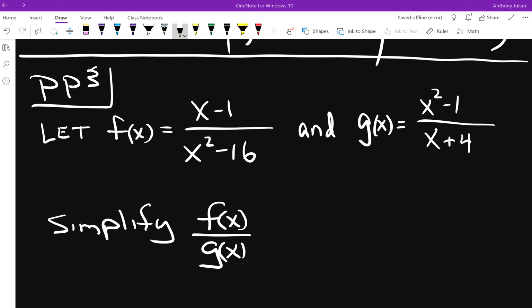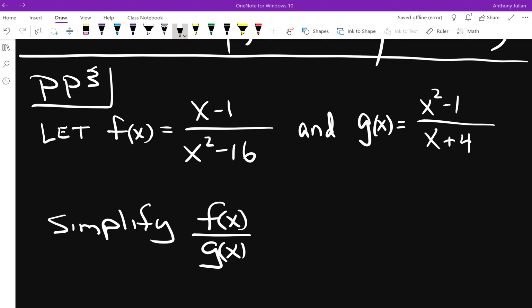All right, here is practice problem 3, where it says, let f of x equal x minus 1 divided by x squared minus 16, and g of x equals x squared minus 1 over x plus 4, and they want us to simplify f of x over g of x.